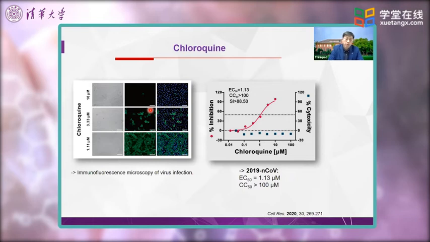In their report, they found that chloroquine demonstrated significant in vitro activity against the novel coronavirus. You can see here, it has an EC50 value around 1 micromolar. Based on their immunofluorescence microscope study, chloroquine was found to effectively inhibit virus infection.